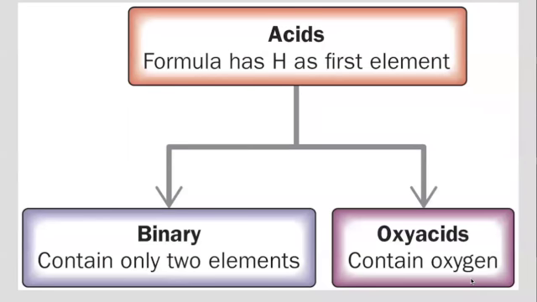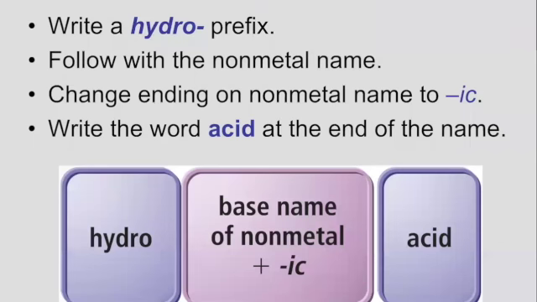If we have binary acids, we have one set of rules. Remember, those are the ones that only have two elements. Oxo acids have oxygen in it, and most likely that oxygen is going to be part of the polyatomic ion. So you want to make sure you are careful and identify them.